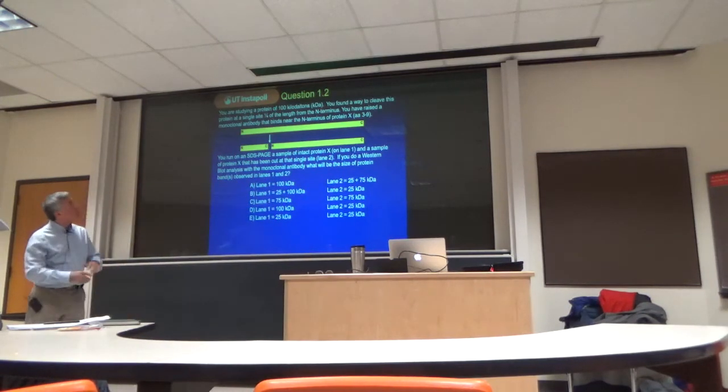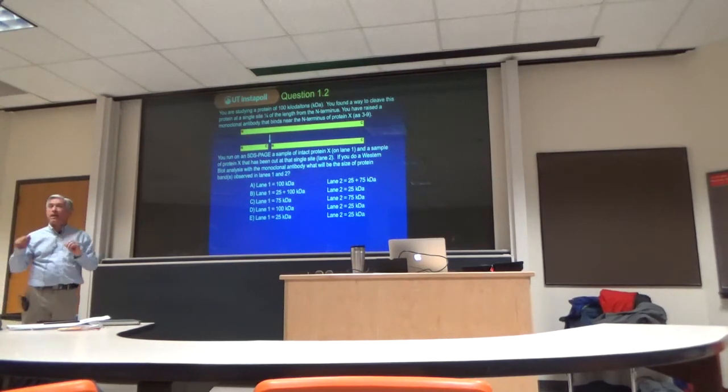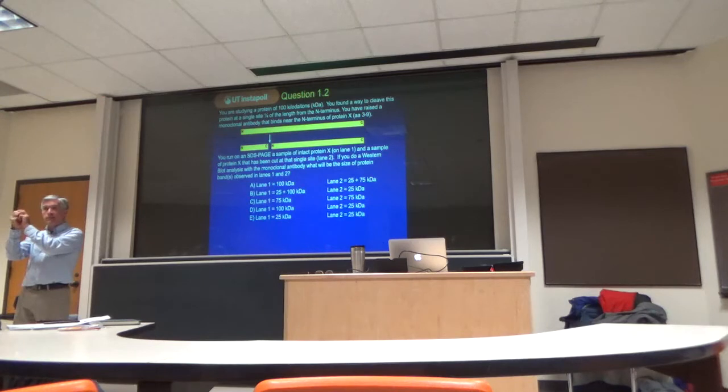So we have a large protein that runs in the gel as a molecular weight of 100 kilodaltons. Right? So that's what you run in lane 1. But then you take another sample of that protein and you cleave it 1/4 of the way in from the N-terminus, and then you boil that in SDS plus beta mercaptoethanol and run it on lane 2 of your polyacrylamide gel, and then you blot that onto a membrane, and then you incubate that membrane with an antibody.